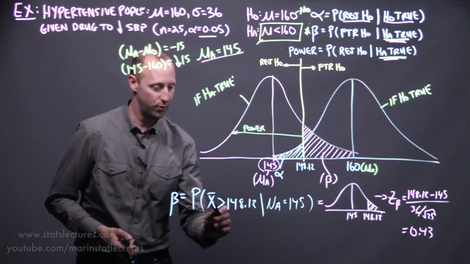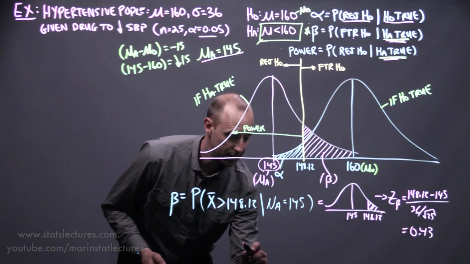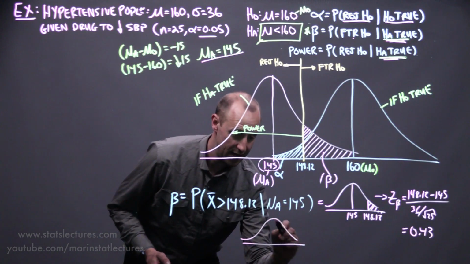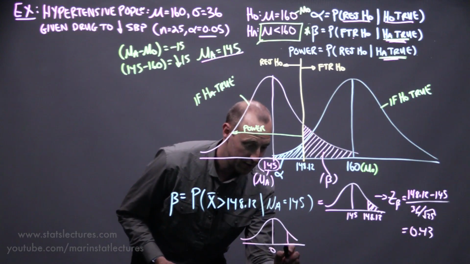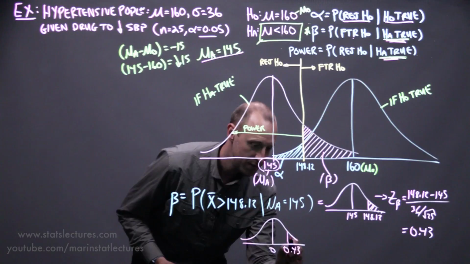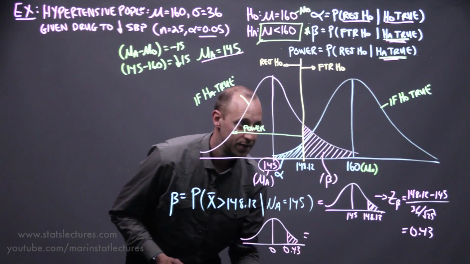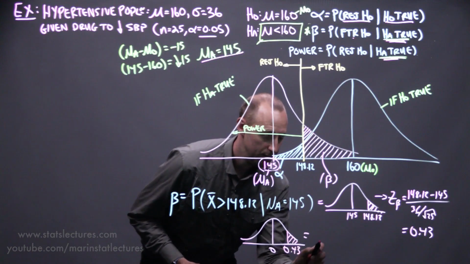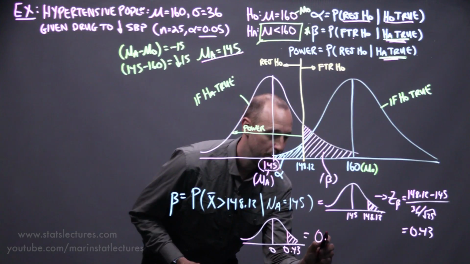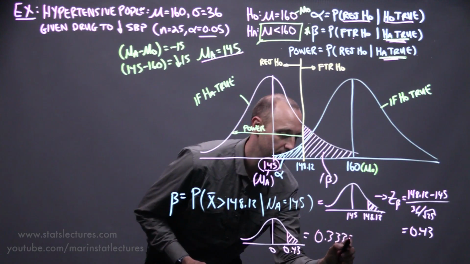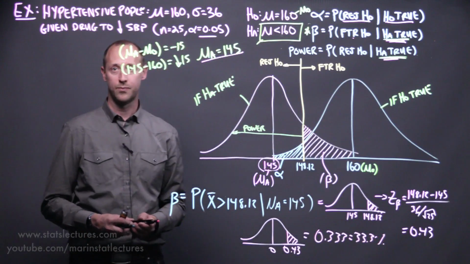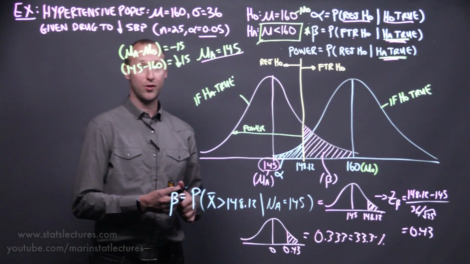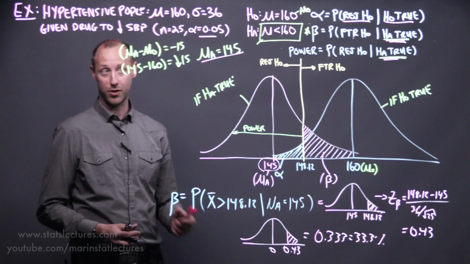And again, if you look up in the Z table, or use software, the area above 0.43 is going to come out to be roughly 0.333 or 33.3%.